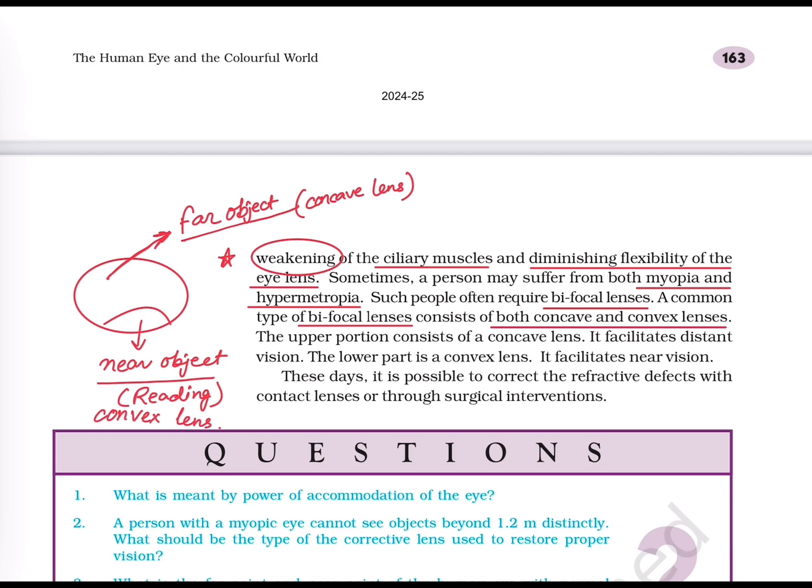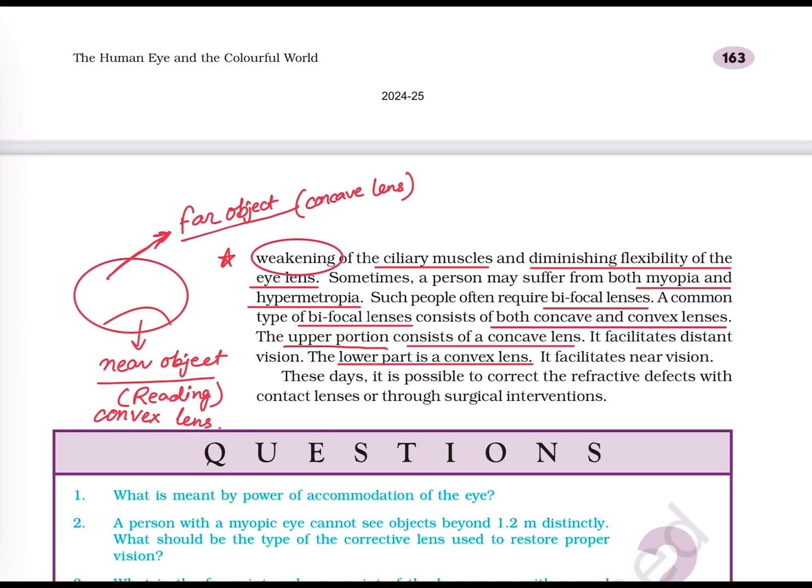So the correction of a presbyopic eye is by bifocal lens, and a bifocal lens consists of both concave and convex lenses. Here you can see the upper portion consists of a concave lens because we have to see far objects, and the lower part is convex lens.